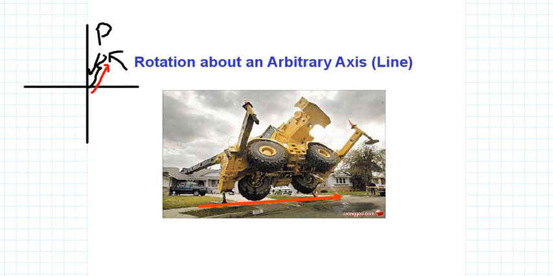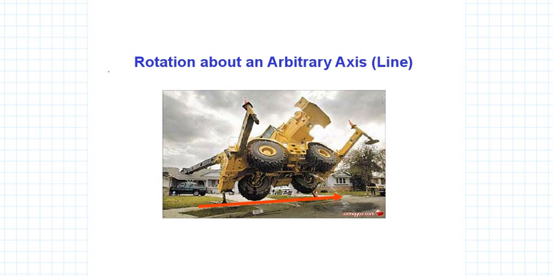Now in 3 dimensions, what happens? You know from our study of rotation in 3D that rotation can take place with respect to primary axis, which are essentially lines.